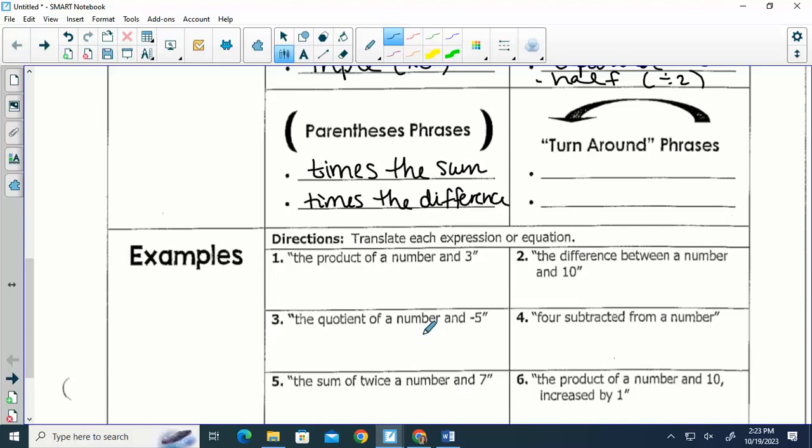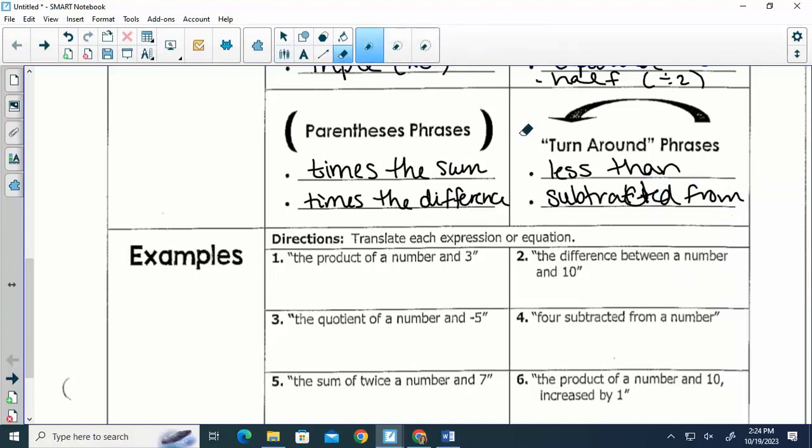What does that less than tell me? We have to swap. The 10 has to come first. So less than means we have to flip the order around. Subtracted from would also flip my order. So less than and subtracted from are the ones where we have to switch the order around.